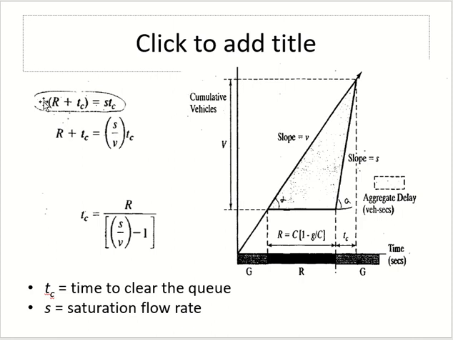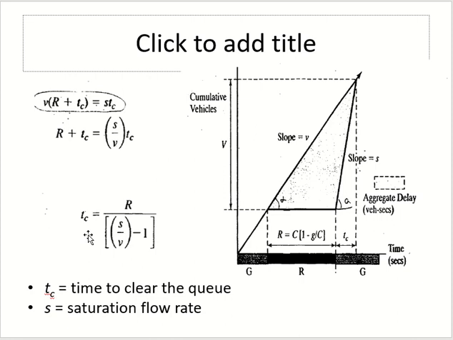So this is what we have done here. This is from the arrival line and this is from the departure line. From this equation, I will get the value of TC. Now, what do I actually want?